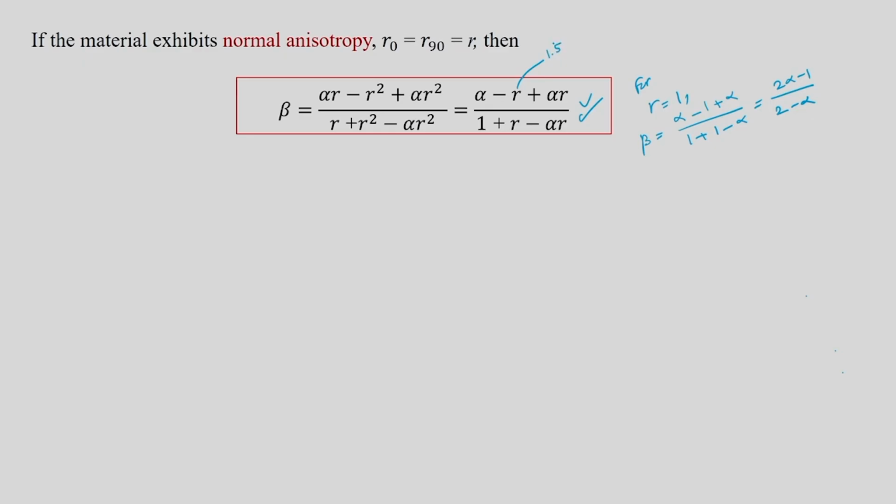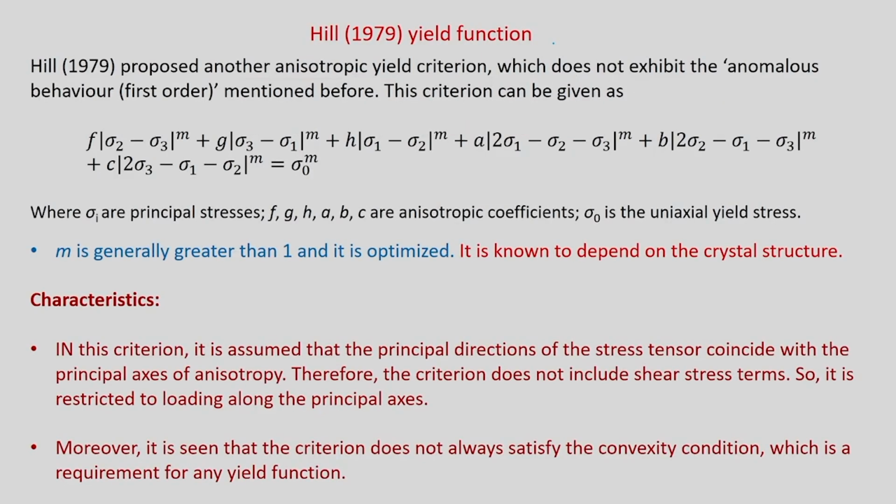So, now you can see for anisotropic sheets, by considering this particular formula, what will be the alpha and beta for uniaxial, plane strain, pure shear, and the other two cases, balanced biaxial stretching. All these cases we can find out. Anyway, so now 1948 is over.